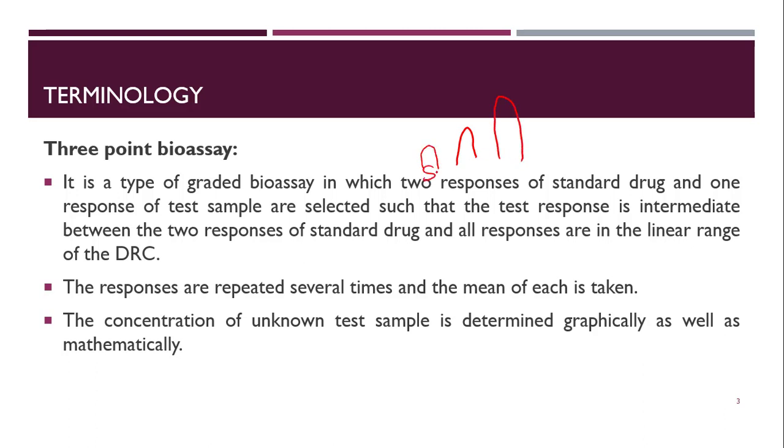This will be S1, this will be S2, and this will be the T. So the height of T should lie between the height of S1 and the height of S2. So S1 and S2 are like the extremities of a range, and in between these two extremities the value of T lies.